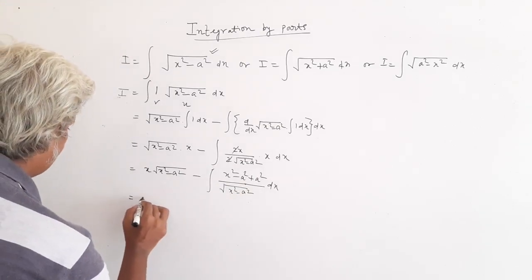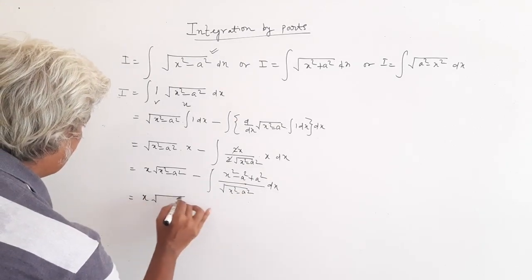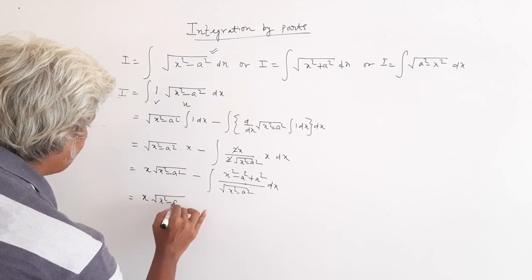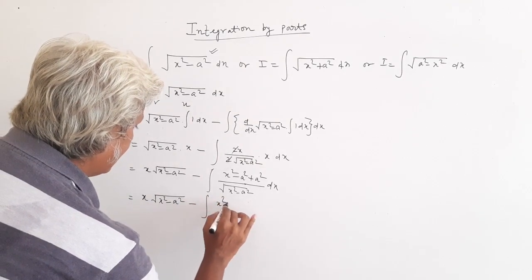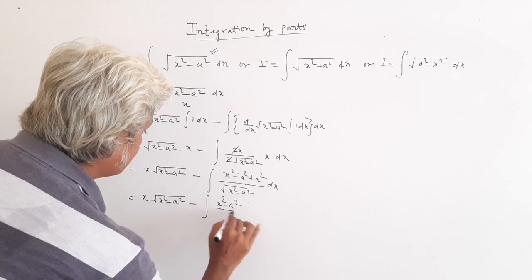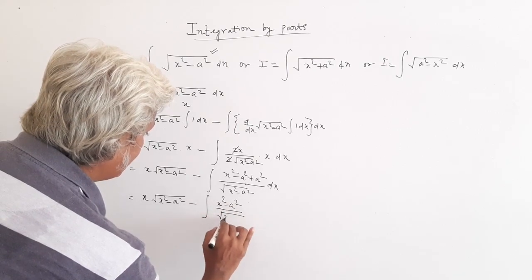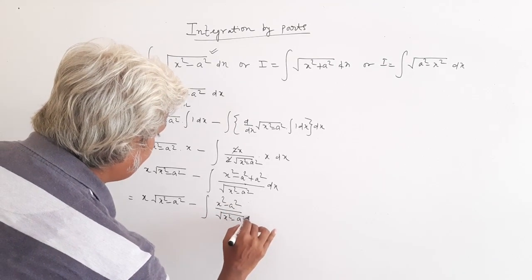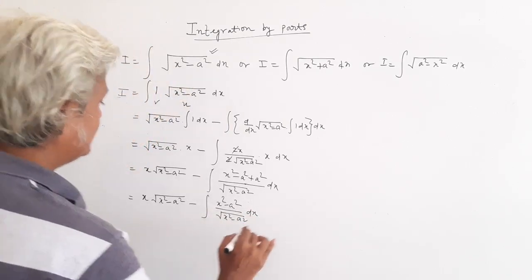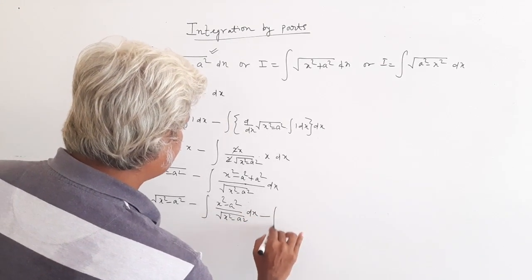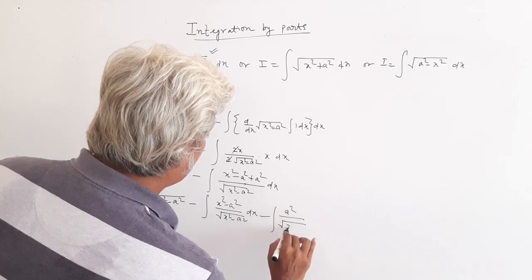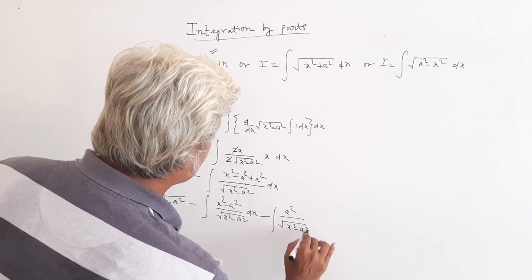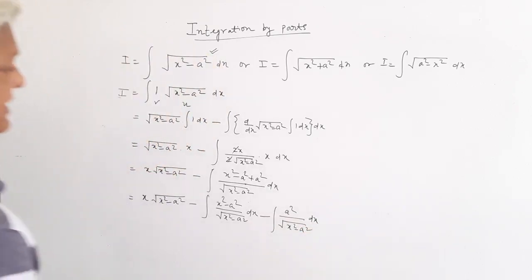So this is x under root x square minus a square minus, this is x square minus a square over under root x square minus a square dx, minus a square over under root x square minus a square dx.